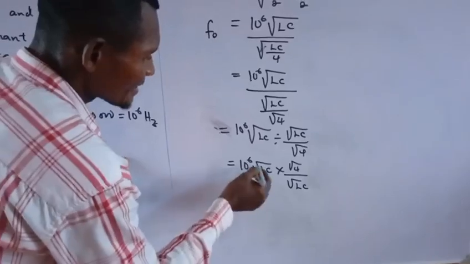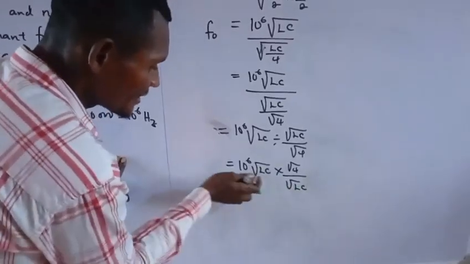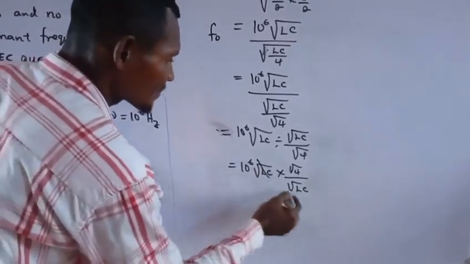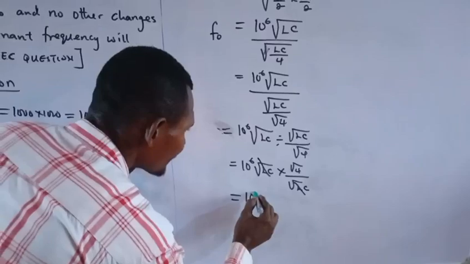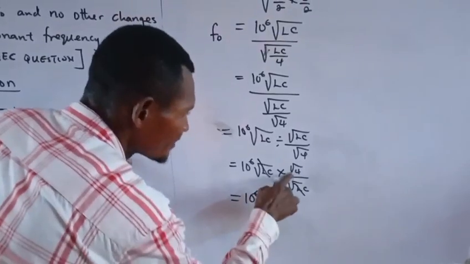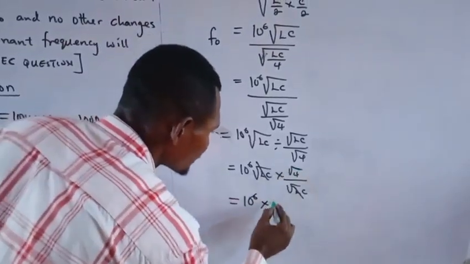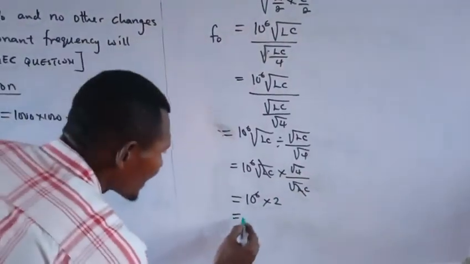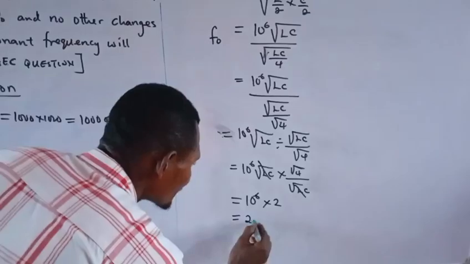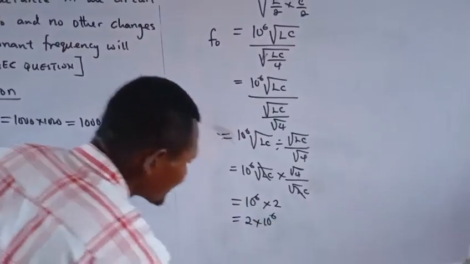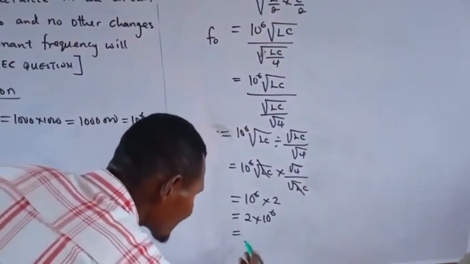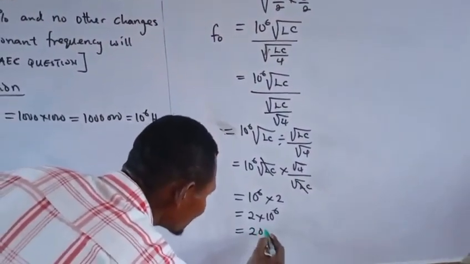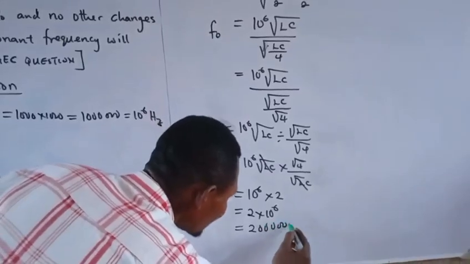So now you can see that this is the numerator, this is the denominator, so they can cancel out. So we are now left with 10 raised to the power 6 times the square root of 4, which is 2. So we can now have 2 times 10 raised to the power 6, and that is 2 million.